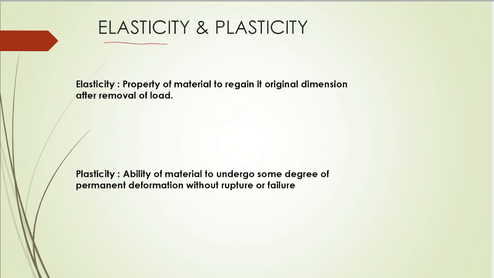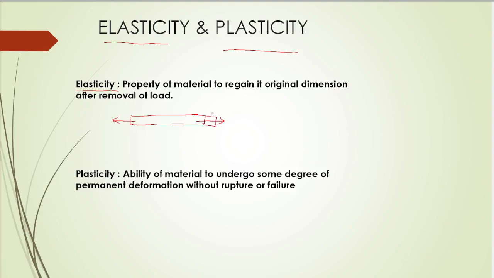Now let's talk about elasticity and plasticity. What is the elastic property of a material? See, if we take a particular bar and apply tensile load, there will be a certain deformation in it.